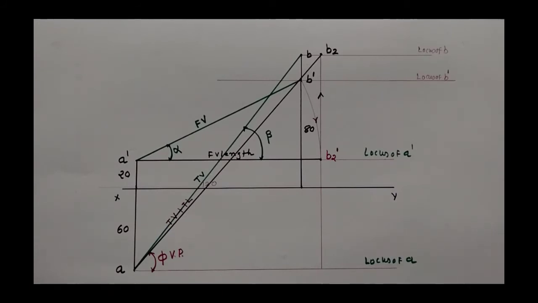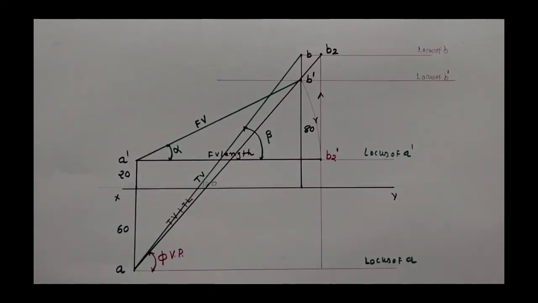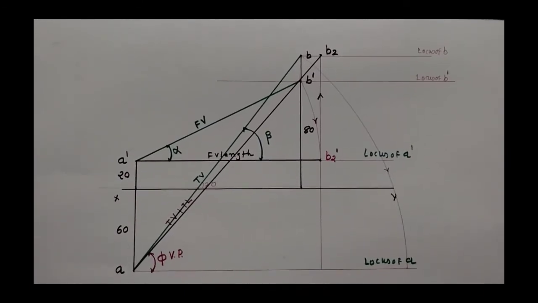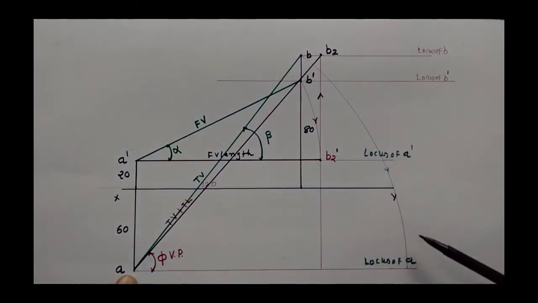Now I rotate the AB. Now A is the center and up to point B your top view is the radius, and you rotate it to make it parallel.